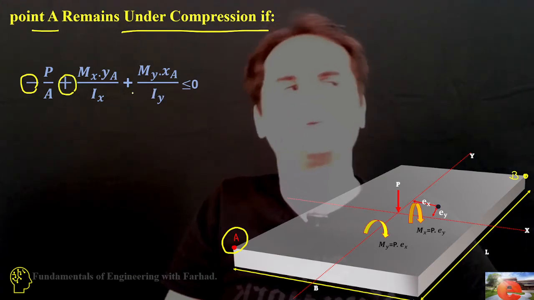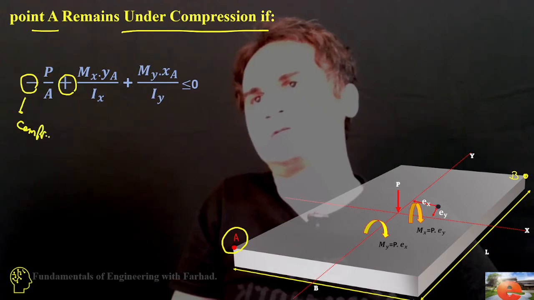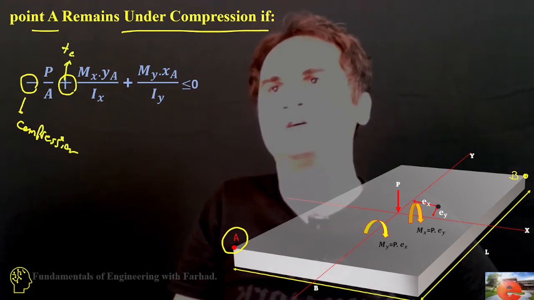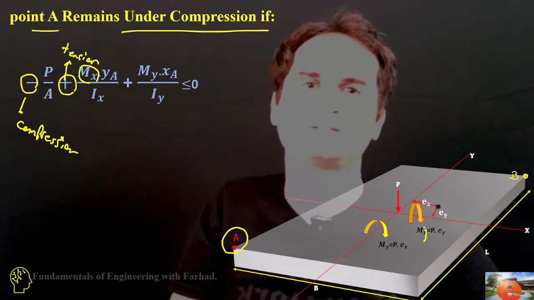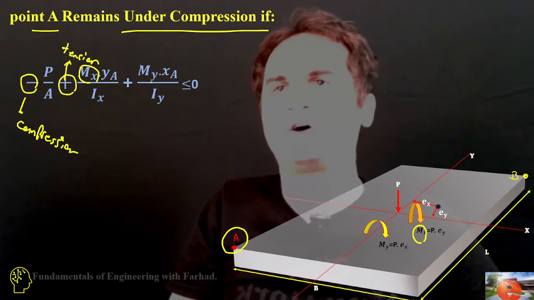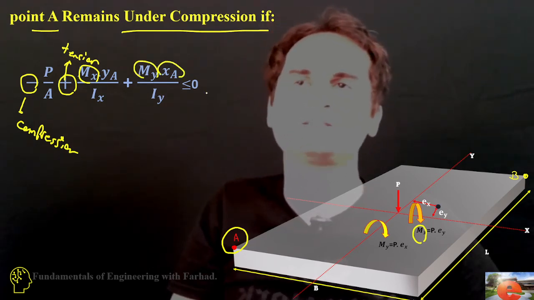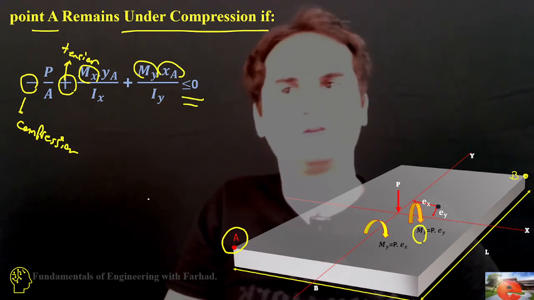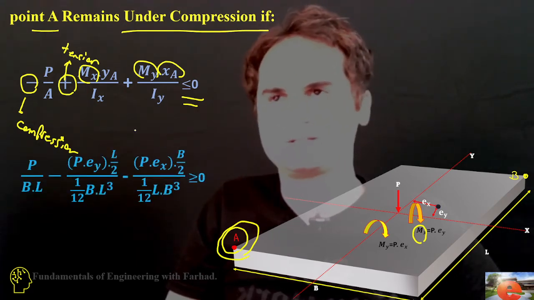That means this is compression, and this is tension, due to Mx. And there is the other one, My over Iy times xA this time, and it should be less than 0 to keep the entire stress at A under compression, in the safe zone.